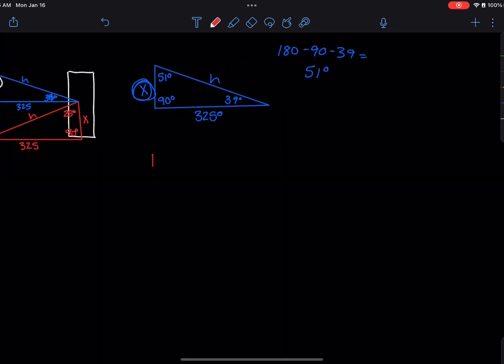And then we can go back and draw the second triangle, which would also include the 325 feet with the x measure, which is what we're trying to find for the height of the window, but we need both x measures to find the height of the water tower. So we know we have that 90-degree angle measure right there.